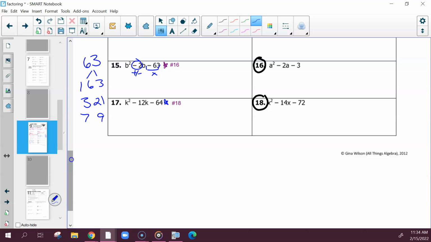Okay. This is a negative, so one of these has to be negative. Which ordered pairs could we use to get negative 2? 7 and 9. And to make it negative 2, our 9 would need to be negative. So if we have a negative positive, one of them is going to be negative, and the bigger number is going to be the negative one.